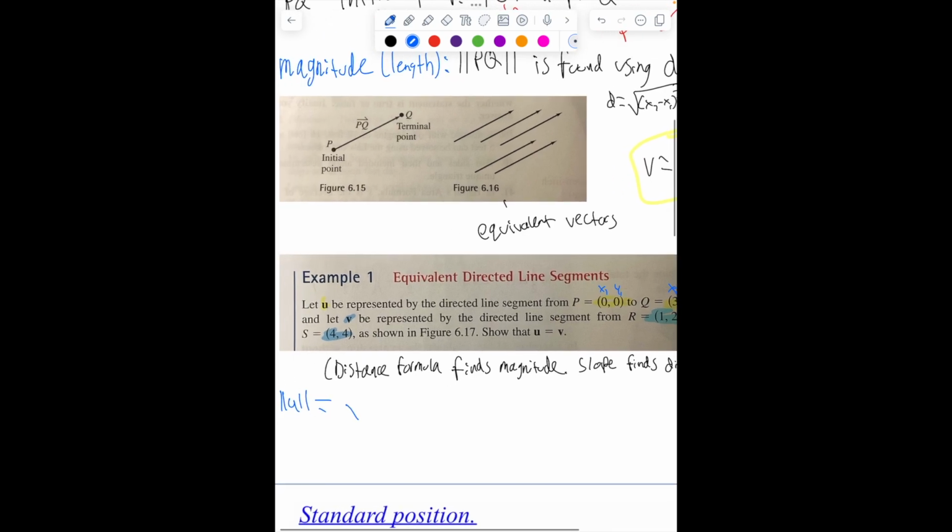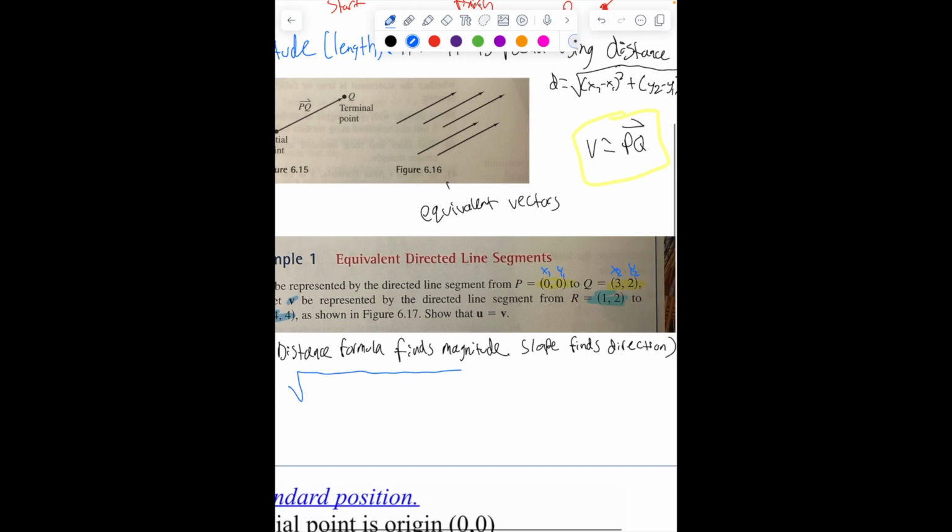So the distance is x2 minus x1, 3 minus 0 squared, plus y2 minus y1 squared. That gives me the square root of 3 squared plus 2 squared, 9 plus 4. So I get the square root of 13. All right, that's a good start. That's step 1 of 2.